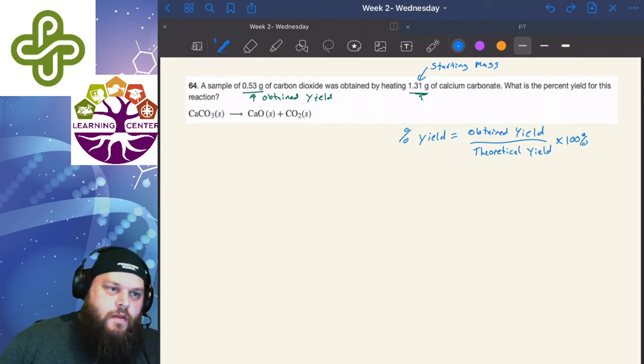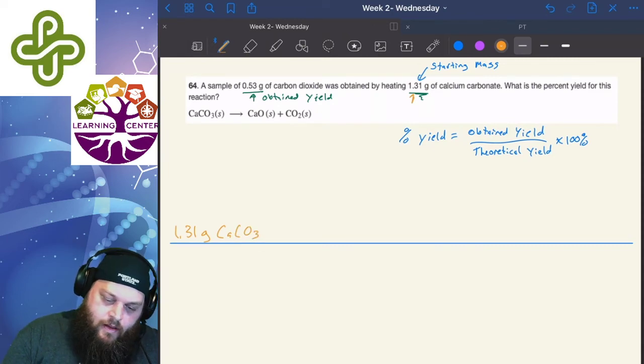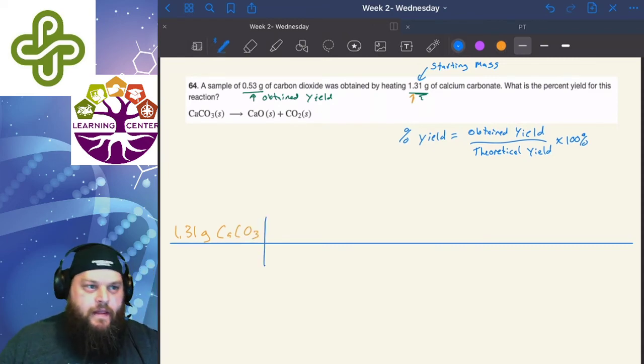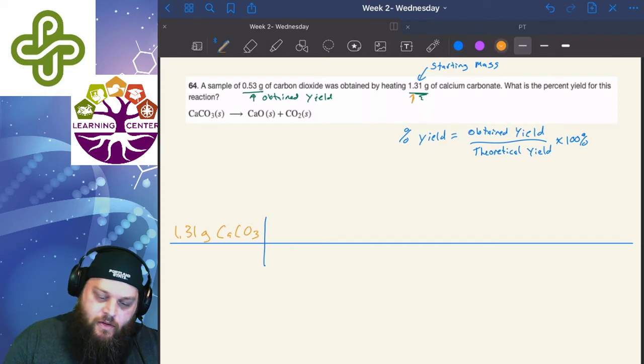So looking at this, we again are going to do our reaction line. We're going to start off with this 1.31 grams of CaCO3. And we want to convert that into moles. To do that, we have to use its molecular mass.